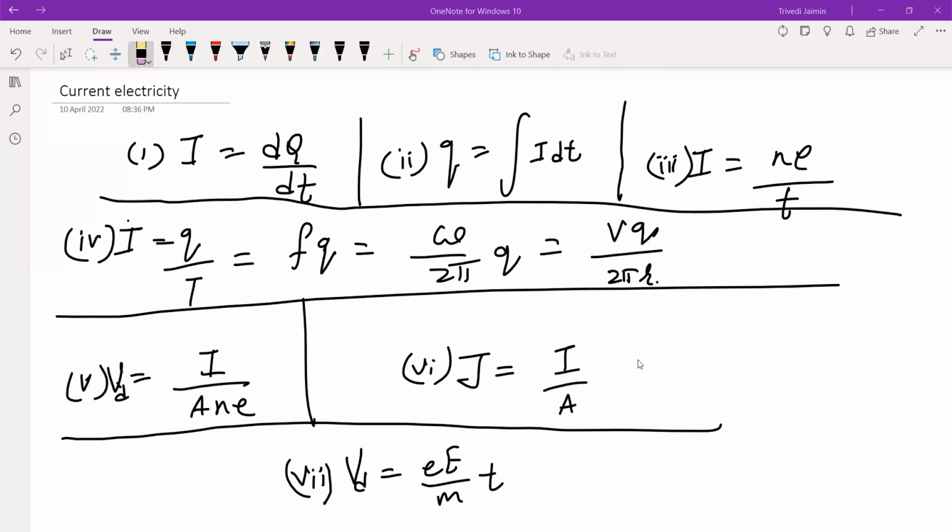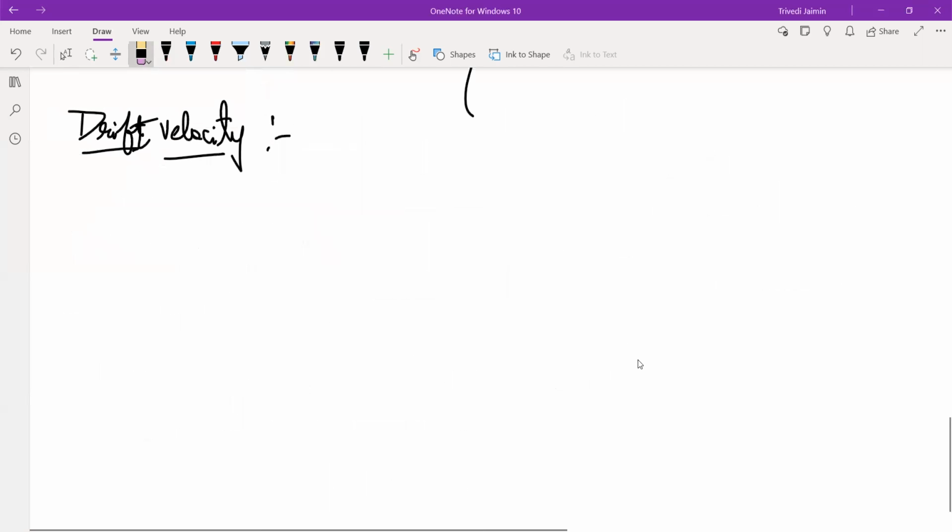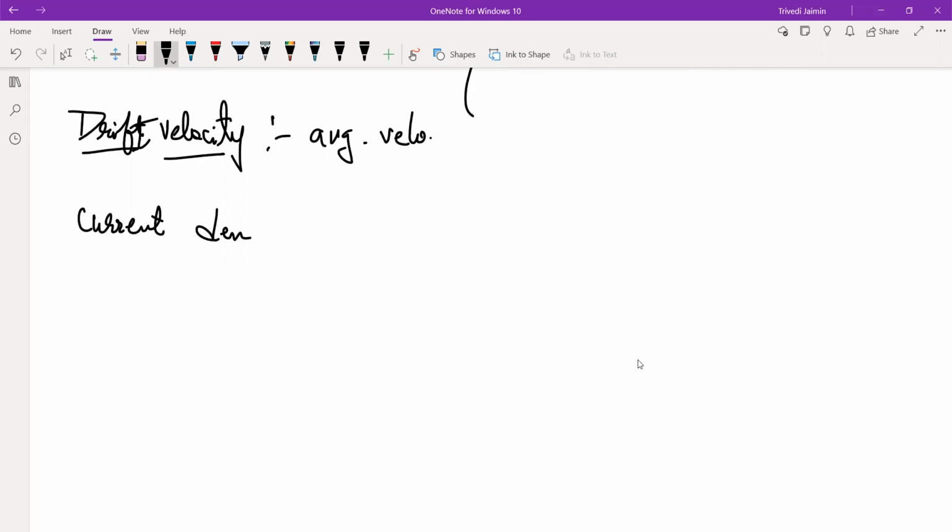Now current density. What is current density?